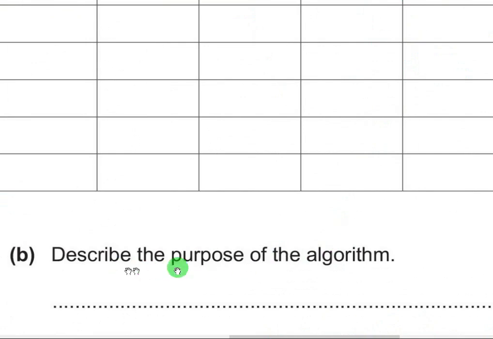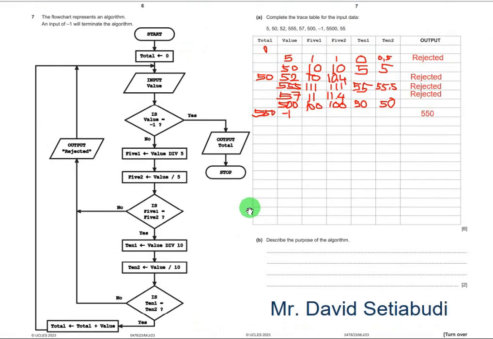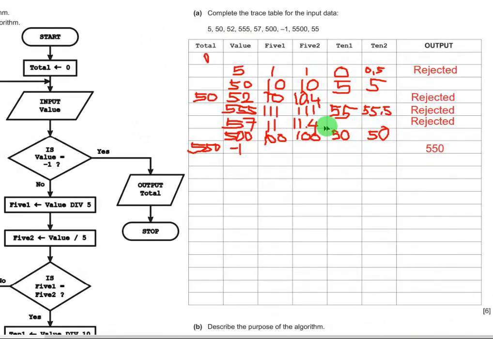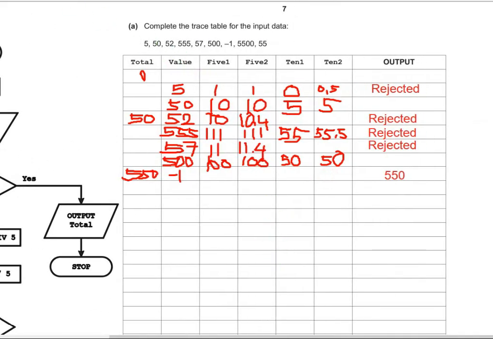7B here is describe the purpose of the algorithm. If you are unsure what is happening in this algorithm, you can check through the trace table and pay attention to the input data. This input data said that 5 is rejected, 50 is accepted, 52 rejected, 555 rejected, 57 rejected, 500 is accepted over here, and this -1 will make it stop.